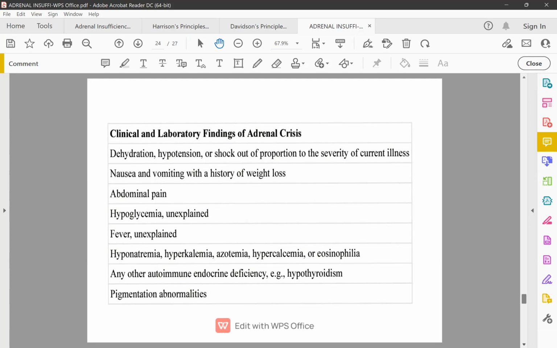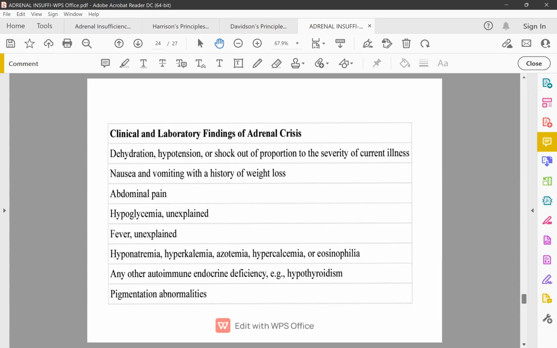These are associated with other autoimmune endocrine insufficiency like hypothyroidism. One thing you remember, eosinophilia. Whenever there is deficiency of the steroid, you'll have eosinophilia.